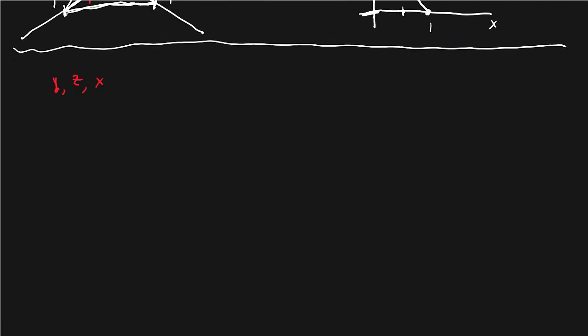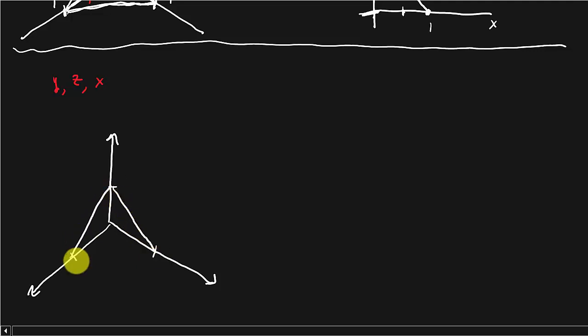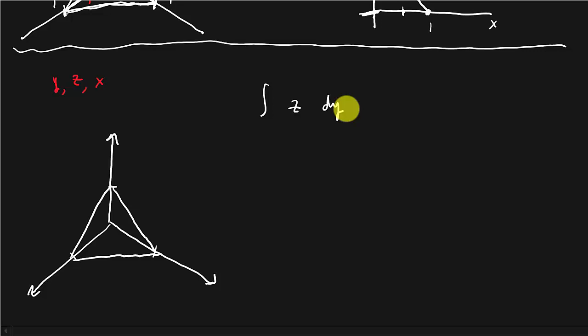All right, so let's go ahead and sketch the graph real quick. Now, let's see what we've got. So we've got z, and remember, we're integrating with respect to y first. So we need to see how we're moving on the y-axis.